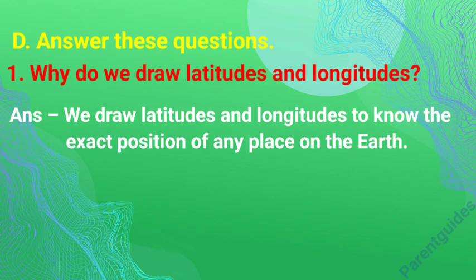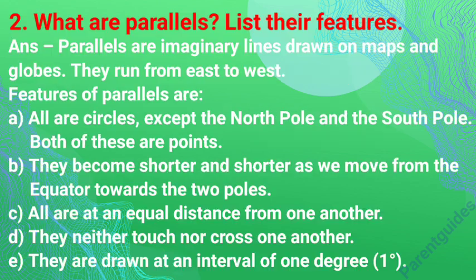D. Answer these questions. 1. Why do we draw latitudes and longitudes? Answer. We draw latitudes and longitudes to know the exact position of any place on the earth. 2. What are parallels? List their features. Answer. Parallels are imaginary lines drawn on maps and globes. They run from east to west.